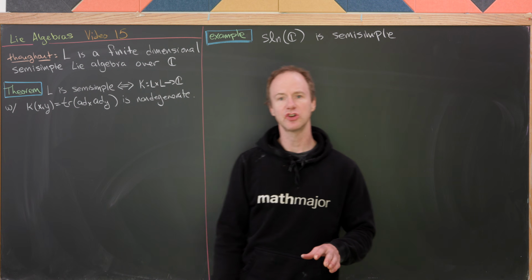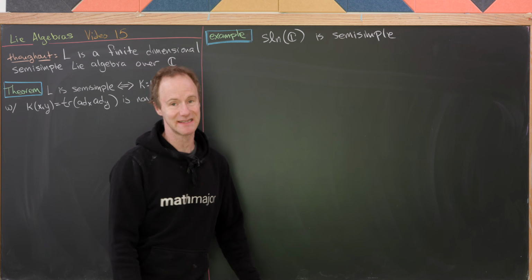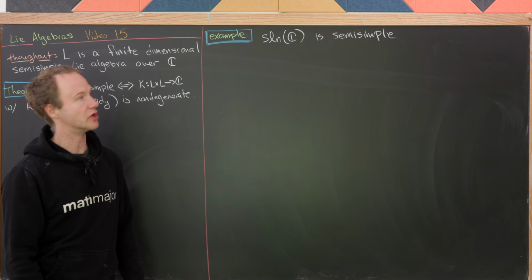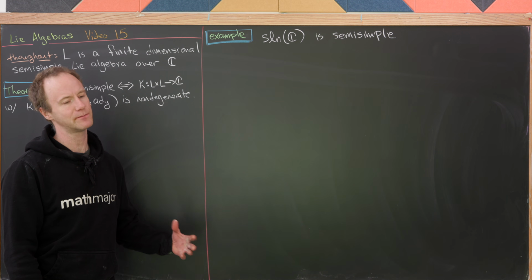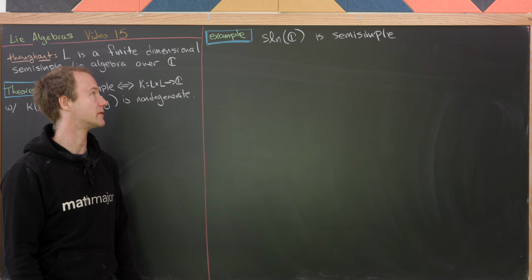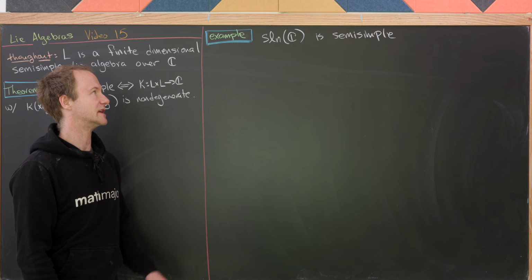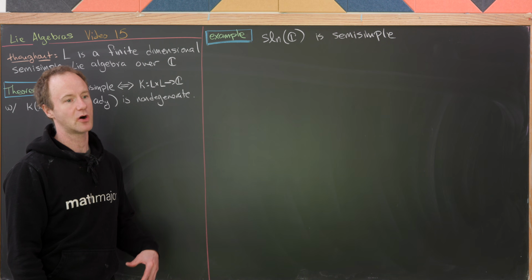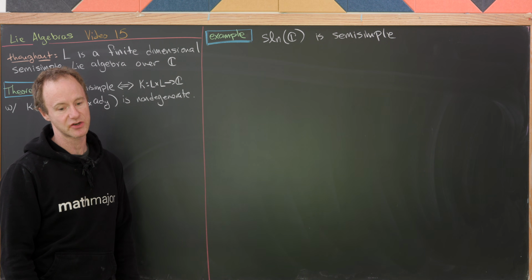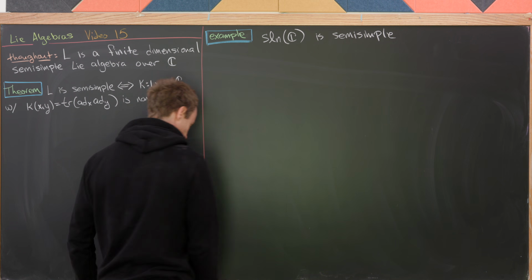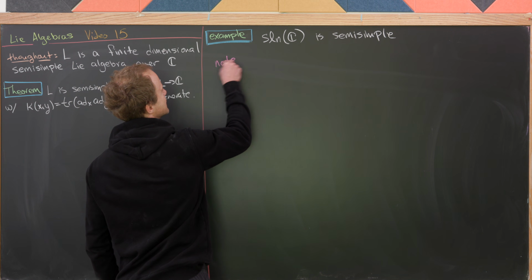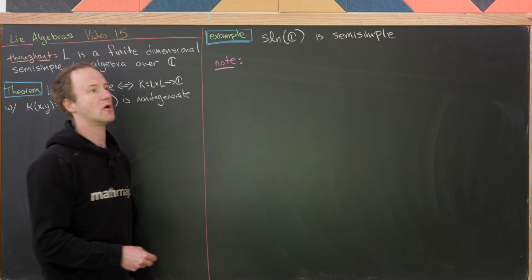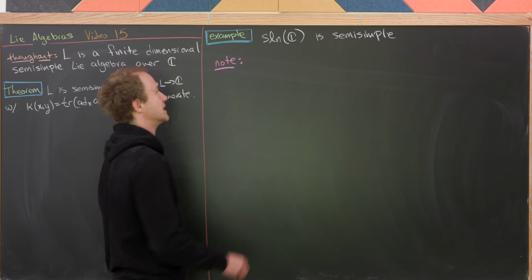Okay. So let's maybe start with an example, and this example will show that SL_n(C) is semi-simple. In fact, it's simple, but we're going to show that it's semi-simple. Recall that SL_n(C) is the Lie algebra of all n by n matrices with trace 0. I'd like to start with the following observation, and this comes from a homework exercise from the previous video.